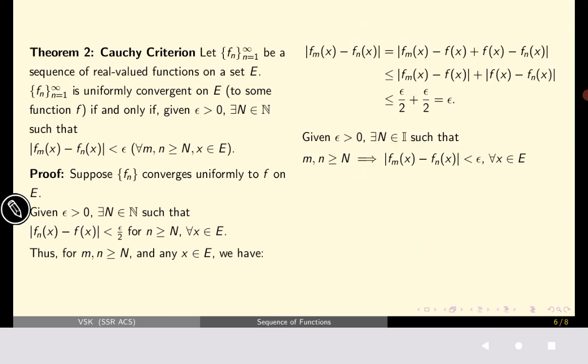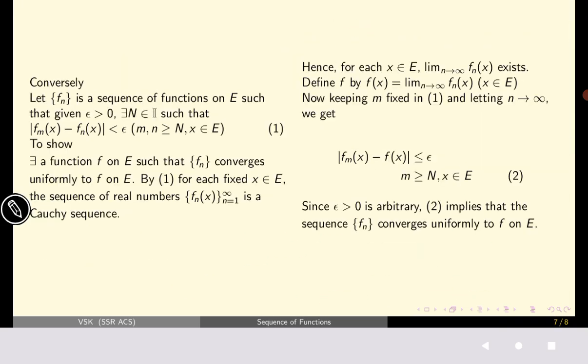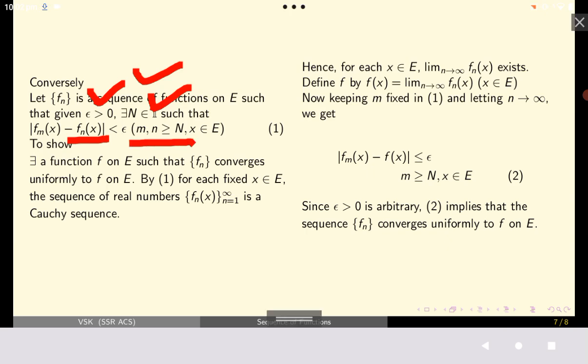Now we suppose the other part, that is conversely, that f_n is a sequence of functions on E such that given epsilon greater than 0 there exists some N such that |f_m(x) - f_n(x)| is less than epsilon whenever m and n are greater than or equal to N and x belongs to E. This is our supposition.